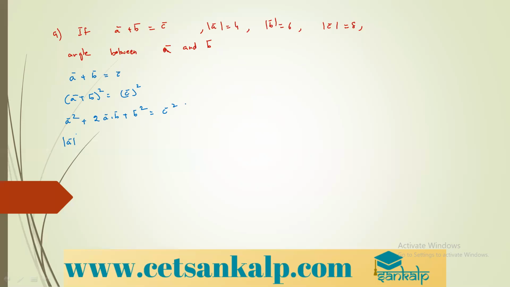That means magnitude of vector A square plus 2 times magnitude of A into magnitude of B cos theta, because that is the definition of A·B, plus magnitude of B square equal to magnitude of C square. Now magnitude of A square is 16, 2 into magnitude of A is 4, magnitude of B is 6, cos theta, magnitude of B square is 36, and magnitude of C square is 64.